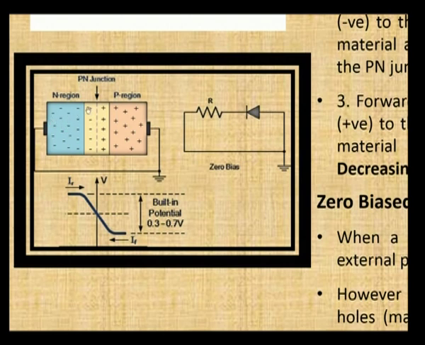Conduction from the n region to the p region produces a forward current, that is IF, and from the p region to the n region produces a reverse current, that is IR, which is equal and opposite in direction. So, the net flow of current is 0.